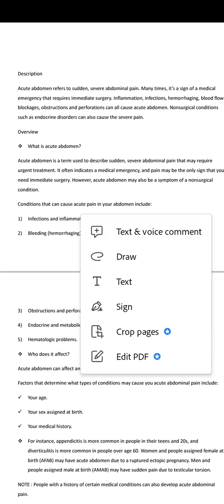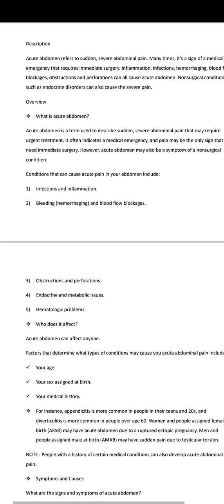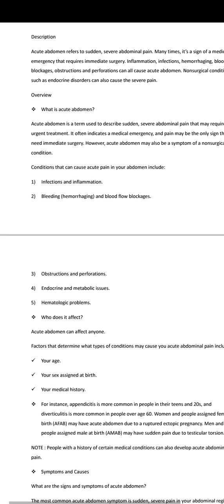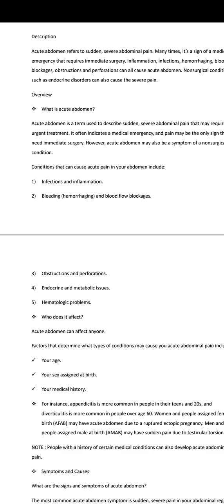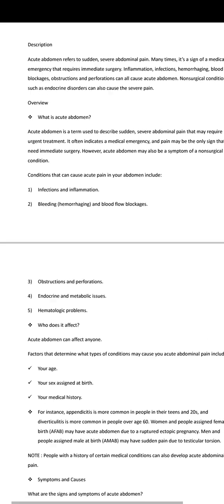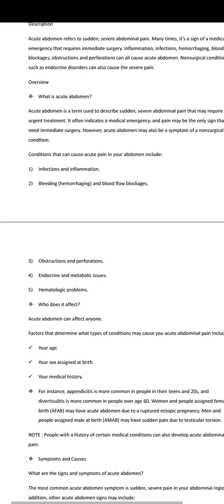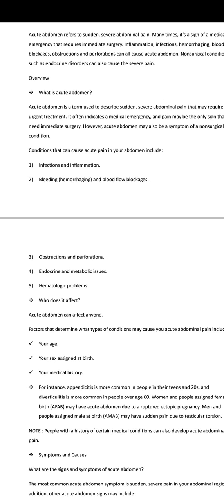So we have conditions which can lead to acute abdomen. The pain in the stomach can come from infections and inflammation. Two, it can be that the patient is bleeding or there is a blockage to the flow to an organ.